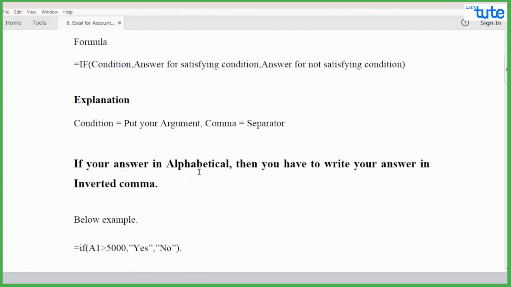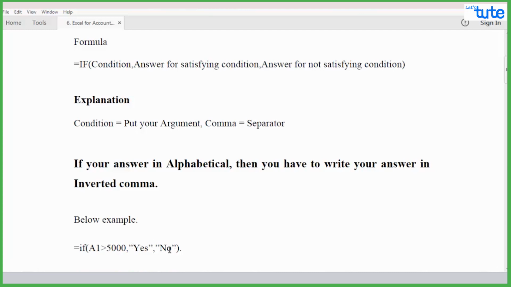If your answer is alphabetical, then you have to give your answer in quotes. Let's see the formula. If A1 is greater than 5000, if this condition is satisfied, then my answer will be yes. If the condition is not satisfied, then my answer will be no.